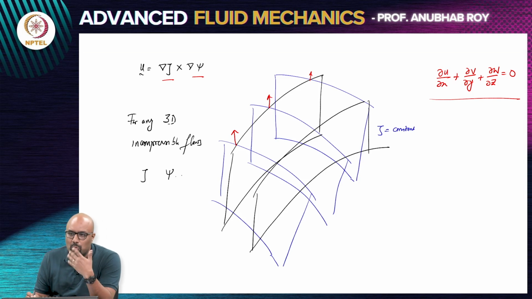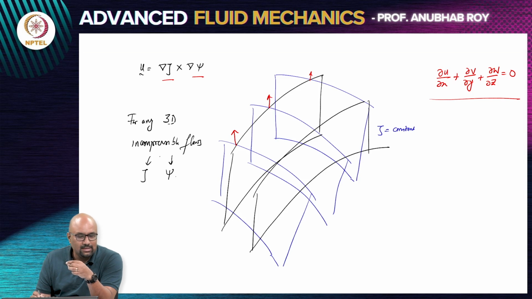You can try to preempt that: the velocity field has 3 components, but if there is a constraint, then you can't choose all 3 components independently. You can choose 2 components independently and the third one gets determined from the incompressibility constraint. That is what I am writing out here, that there are these 2 scalar functions which you can choose independently, and when you choose them, the surfaces will help you construct the velocity field.